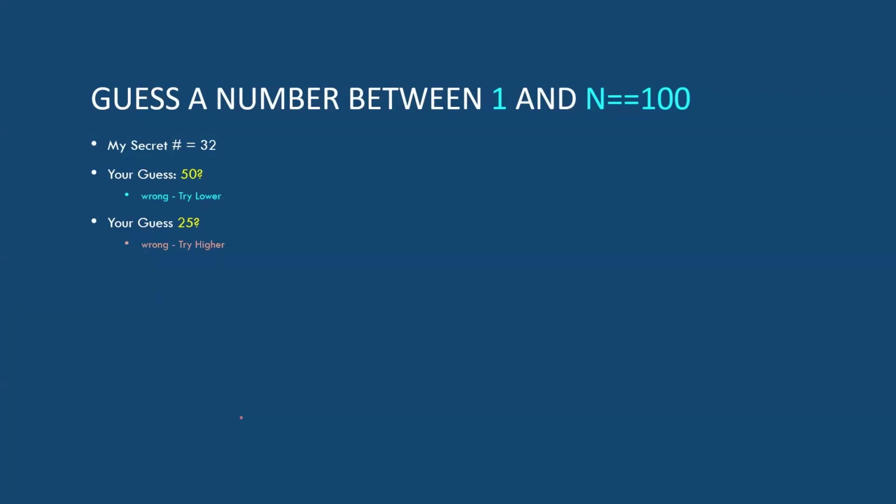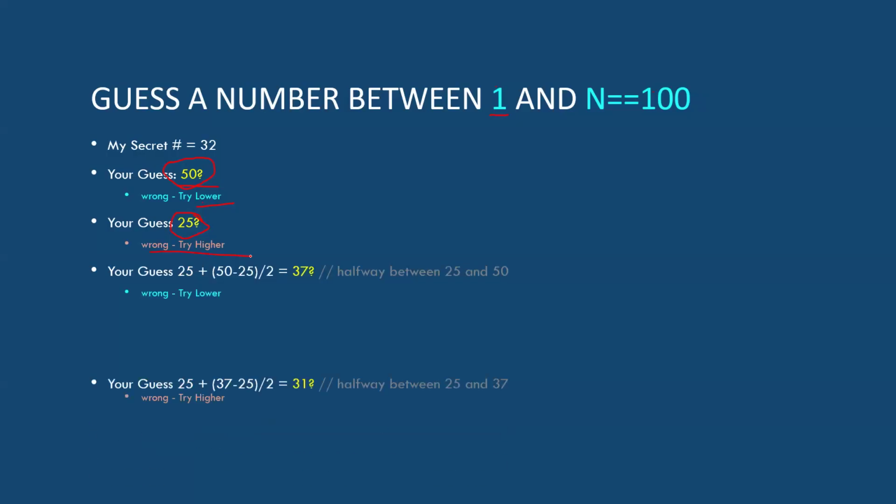But notice that depending on the answer, we're going to adjust the boundaries. So if we were guessing between 1 and 100 by starting at 50 and somebody says lower, now we're between 1 and 50. So I find the midpoint, I divide the problem in half, and then see what they say again.